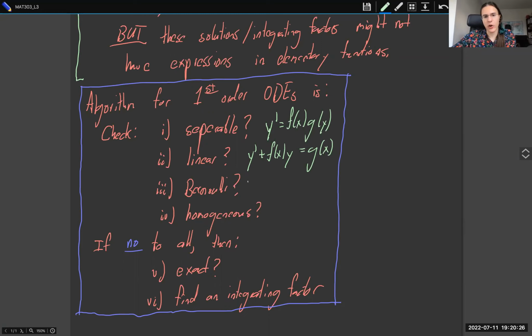Bernoulli equations are equations of the form y prime plus f of x times y is equal to g of x times y to the n. And homogeneous equations are y prime is equal to some function of the ratio y over x, right?